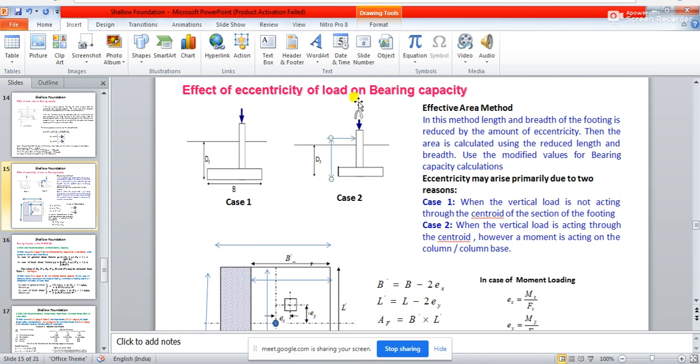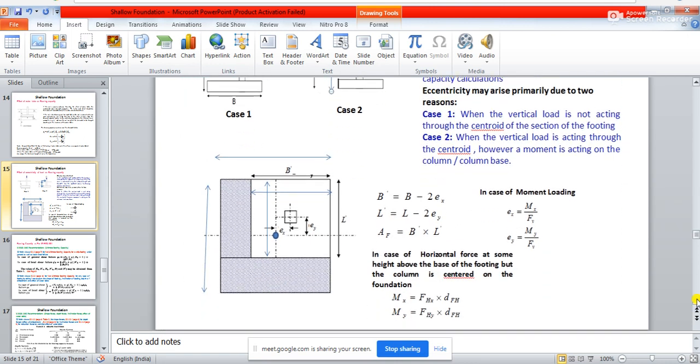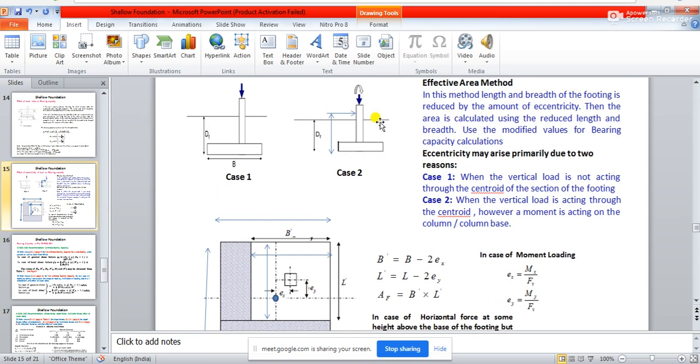Now, because of this moment, how will you take care of the effect of eccentricity? You see, I have shown here FHx and FHy. What I am trying to say is that the moments can also be in two directions, Mx and My. This diagram is in a 2-dimensional space, but if you think about 3-dimensional space, this load may be acting from this side, or it may be coming from a perpendicular direction.